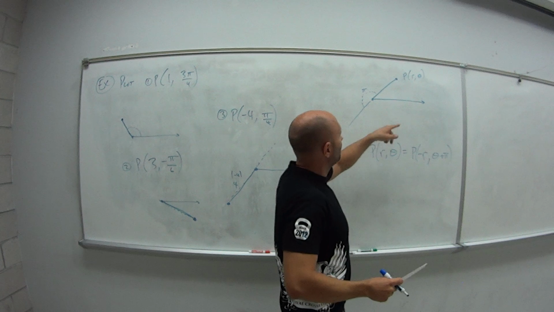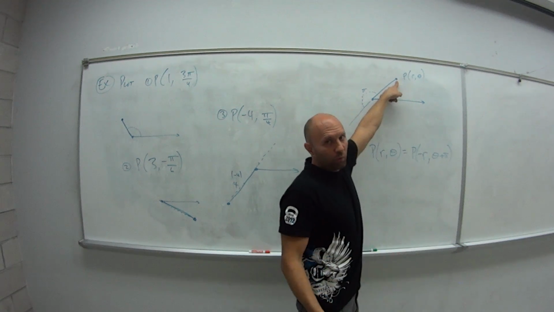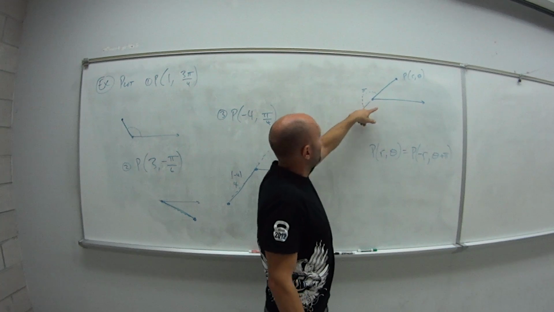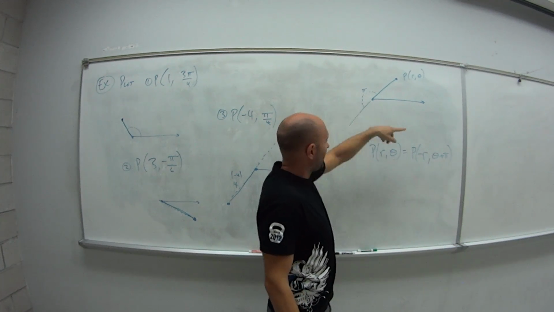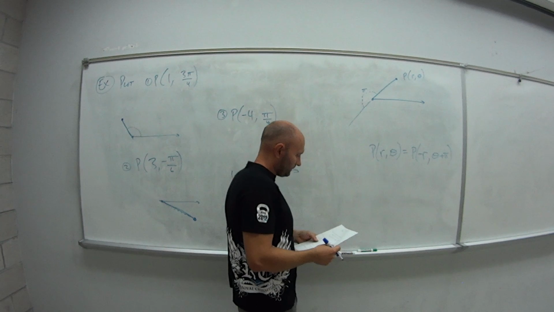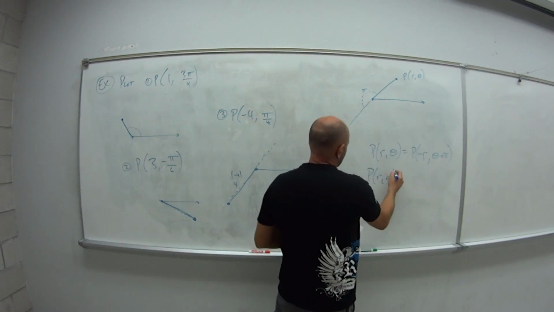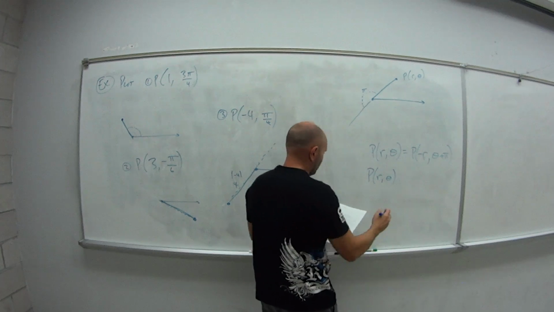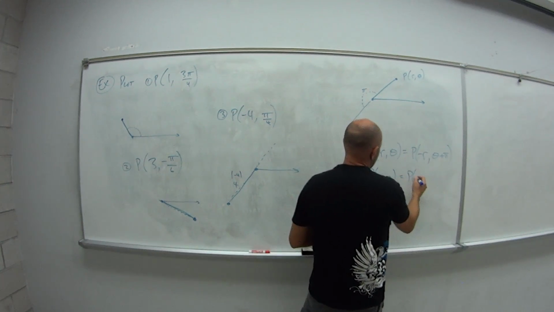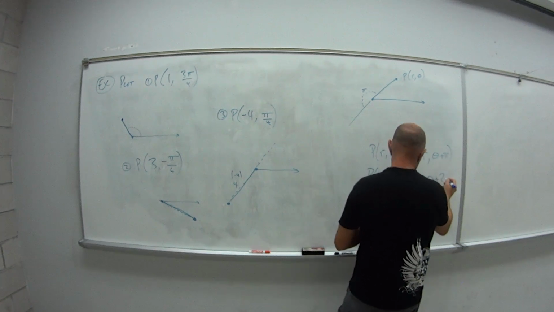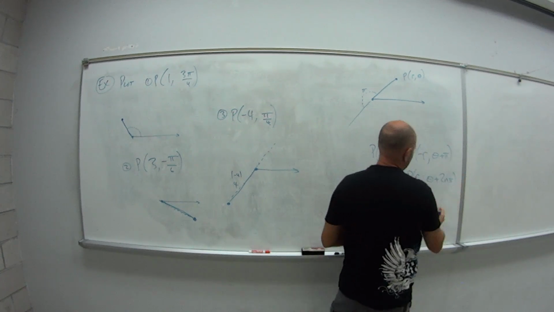So we can represent this point in a couple different ways. I can just have it as P r theta. I could have it as minus r, but I have to add pi to the degrees. You can also write it as P r theta plus 2n times pi.